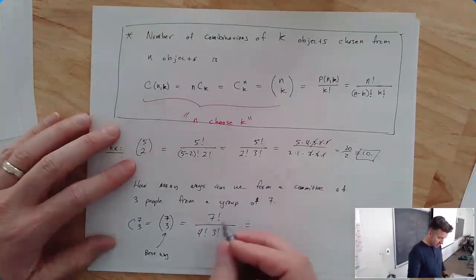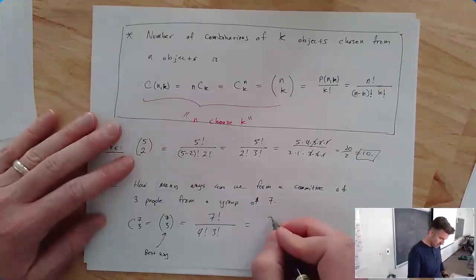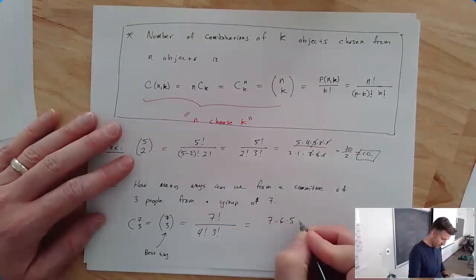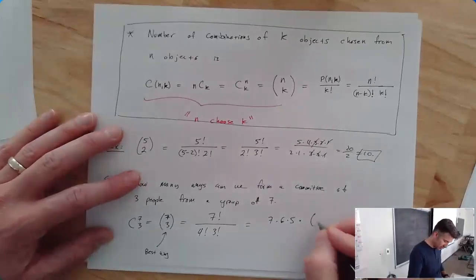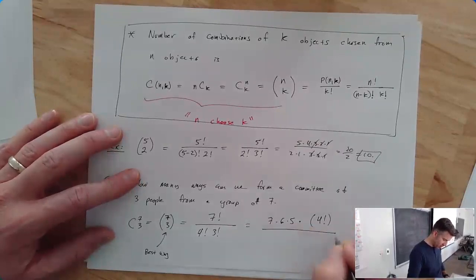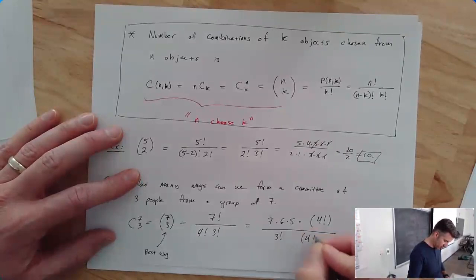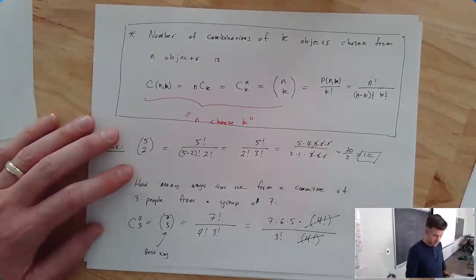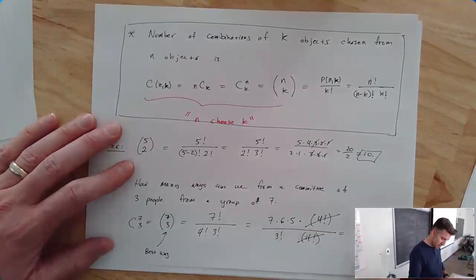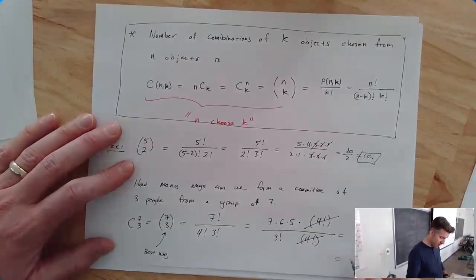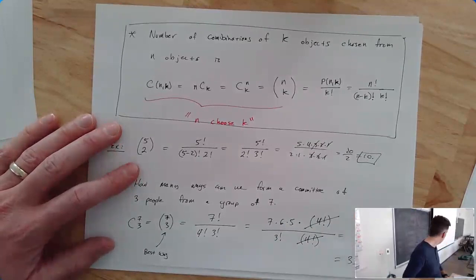So simplifying this, I'm going to go 7 times 6 times 5 times 4 times 3 times 2 times 1, which is just 7 times 6 times 5 times 4 factorial, over 3 factorial times 4 factorial. I changed the order. And I can cancel those because they're the same. They're both 24. And I'm left with 7 times 6 times 5 over 3 times 2 times 1, which is also 6. Those cancel. So I'm left with 7 times 5, which is 35.